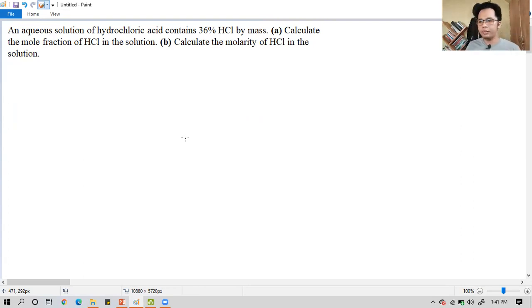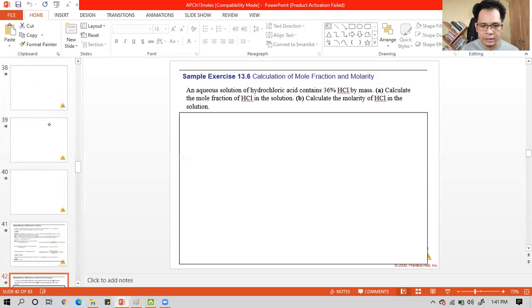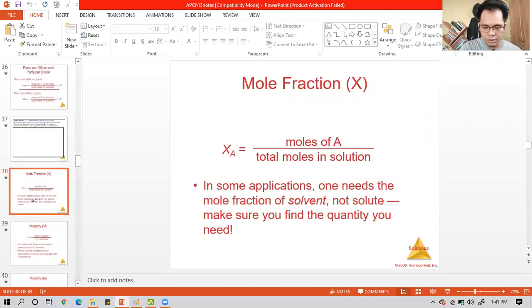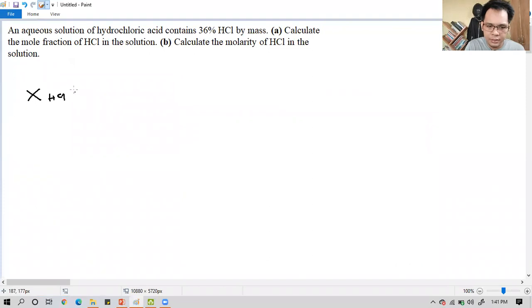How do we calculate the mole fraction? It's given in the formula that the mole fraction of A, our A will be the HCl. It's here, right? So mole fraction of HCl. We have to calculate the moles of HCl and the total moles.